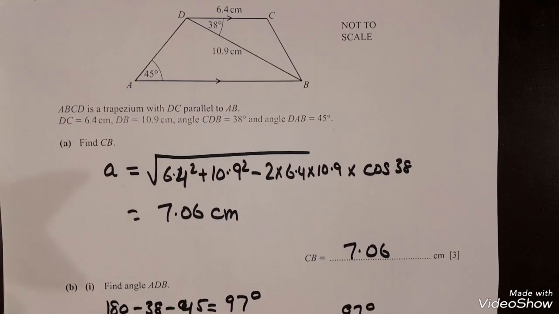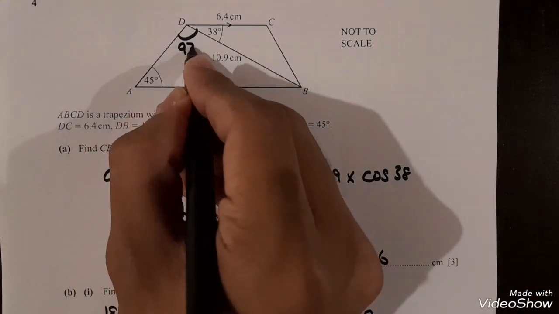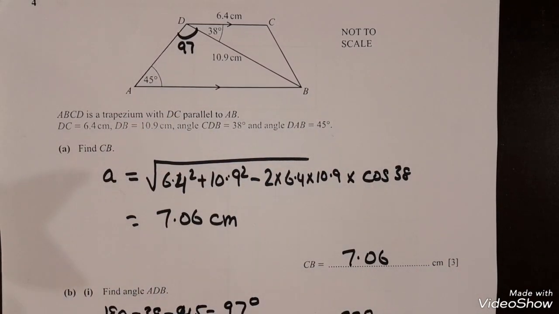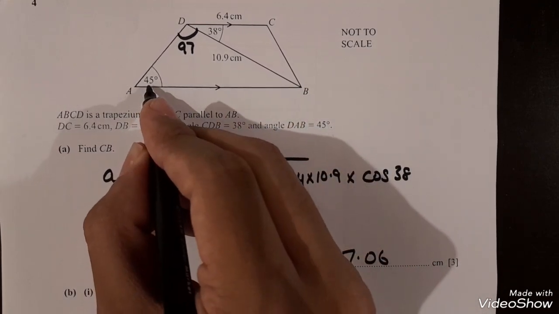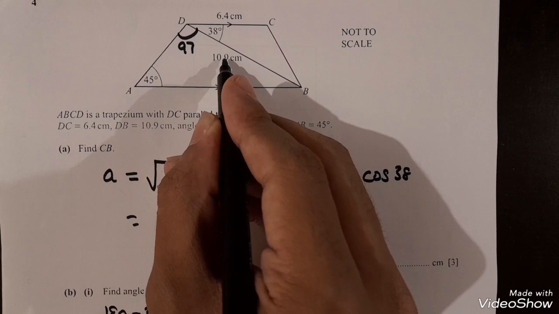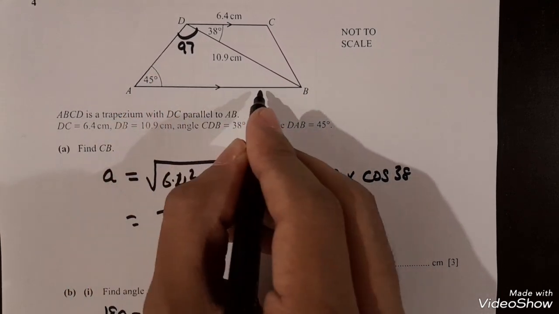So now we have the angle D, which is 97. Now we have to calculate the length of AB. Over here we have the angle A and length DB, and we have angle D, and we have to calculate length AB.